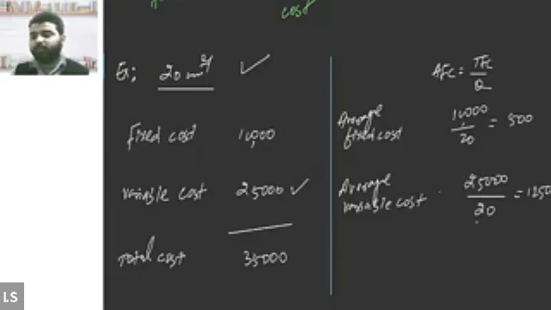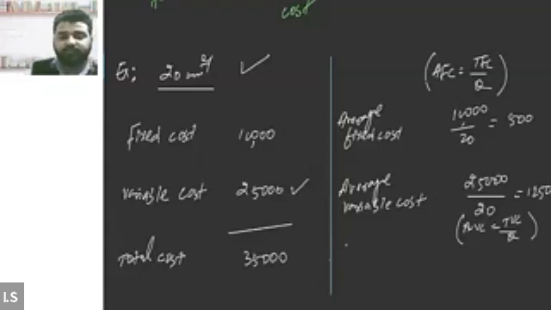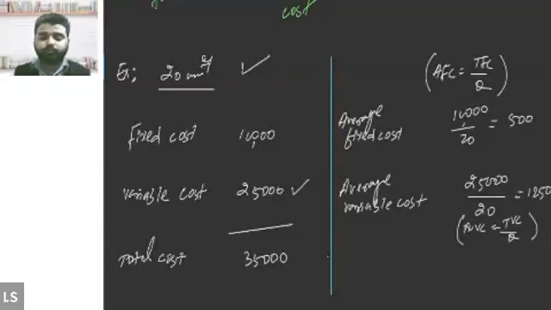And what is the formula to calculate average variable cost? It is very simple. AVC equals total variable cost divided by quantity. This is the formula that we are applying here. Okay. And after that, just like you did the average of the fixed and the variable, can you also do the average of the total cost? Answer is yes. So how to calculate average total cost?